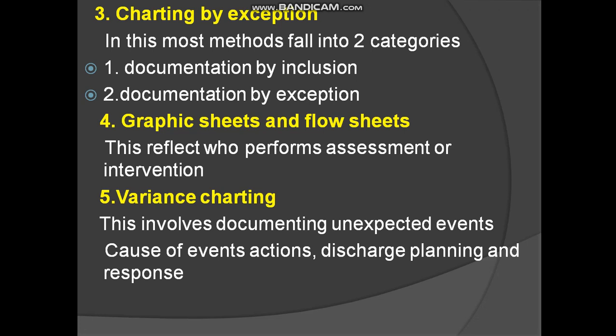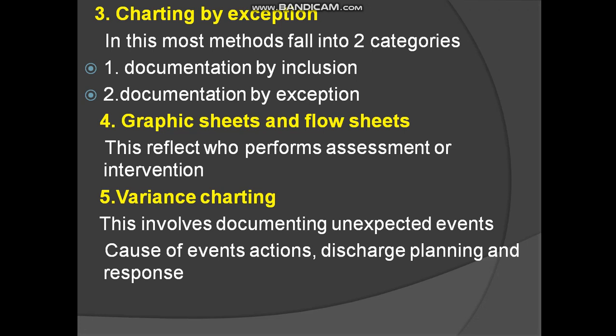Flow sheets or graphic sheets must reflect who performs the assessment or intervention, so we can find out who performs the assessment or intervention.